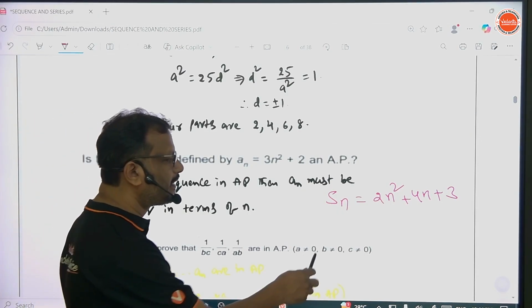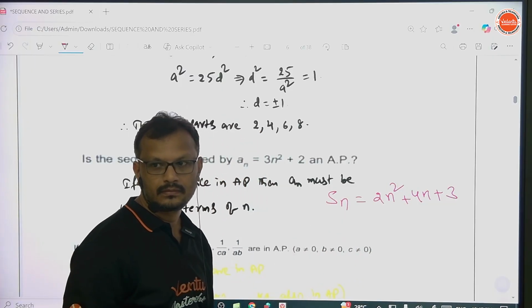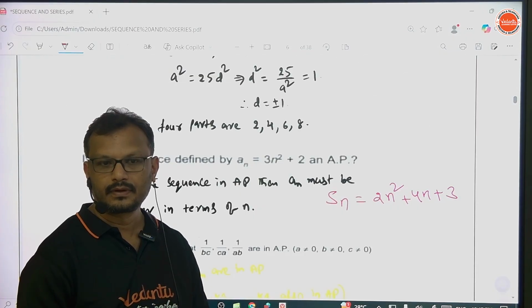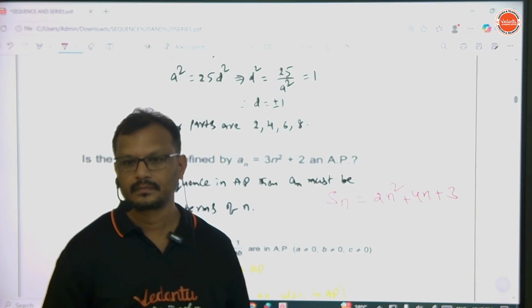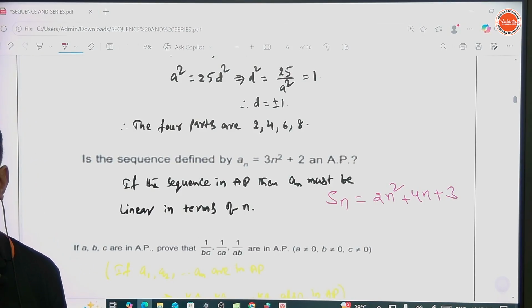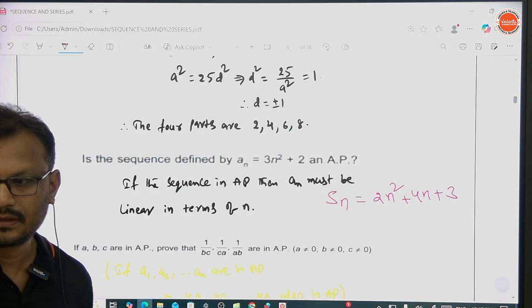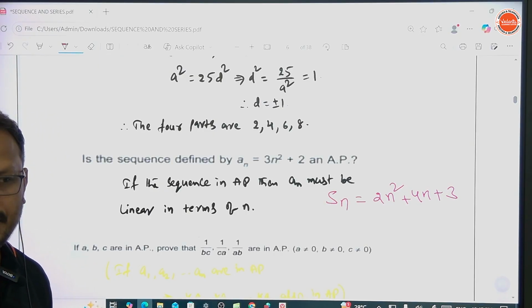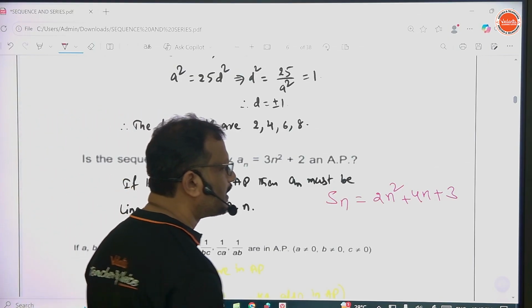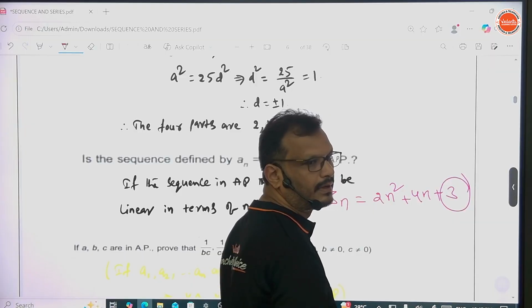When the sum is given, will it be an AP? Think once. What is the sum of n terms of an AP? n by 2 into (2a plus (n minus 1) into d). So the sum is a multiple of n. So a constant term should not be there in that. Because of this constant term, it is not going to form an AP.